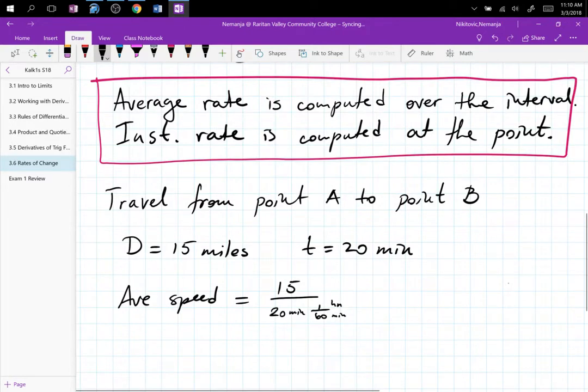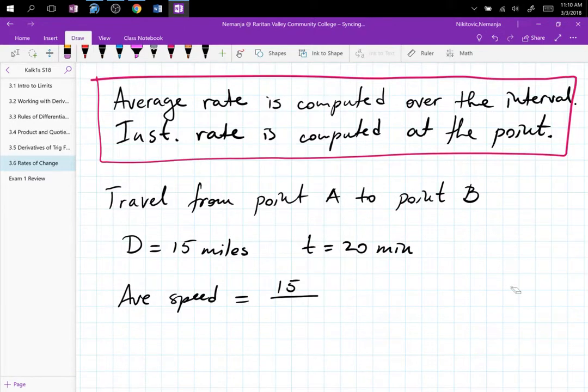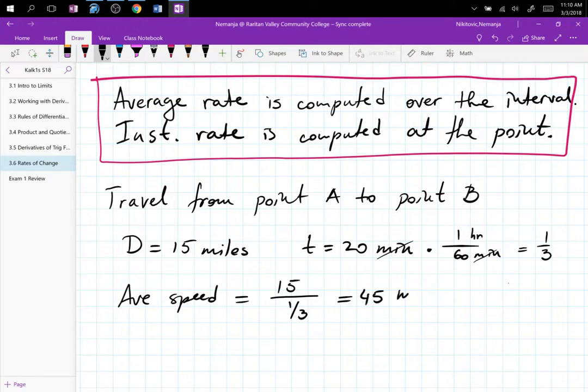Minutes and minutes cancel, and you have 1/3. So 15 divided by 1/3 is 45 miles per hour. So average speed, for the speed demon over there, is 45.